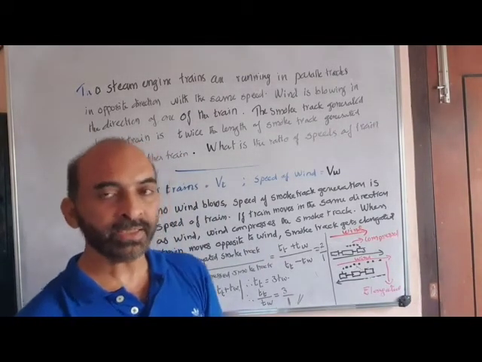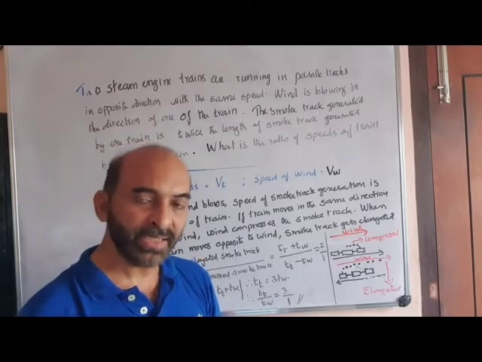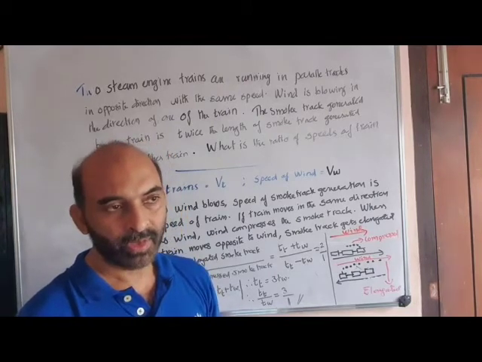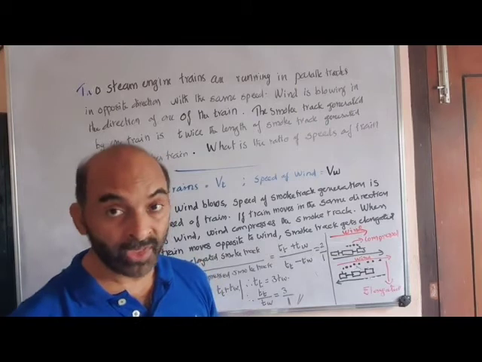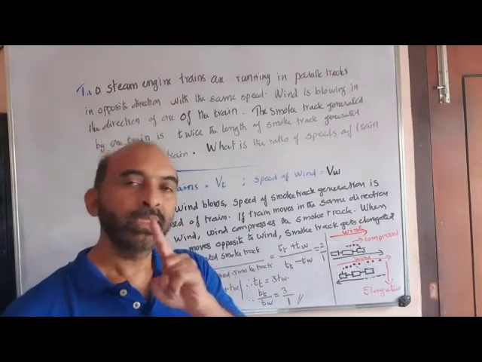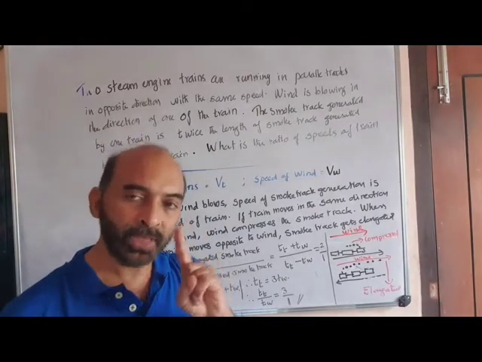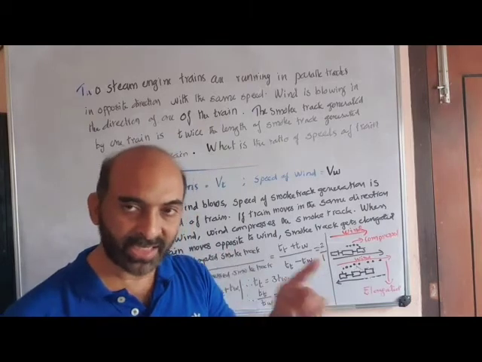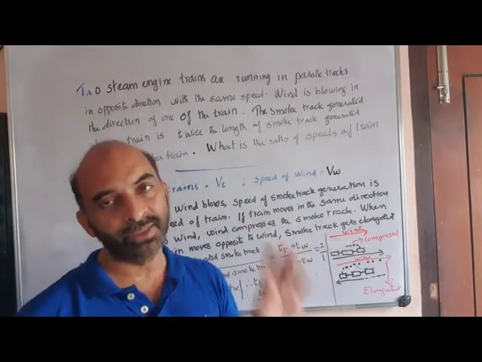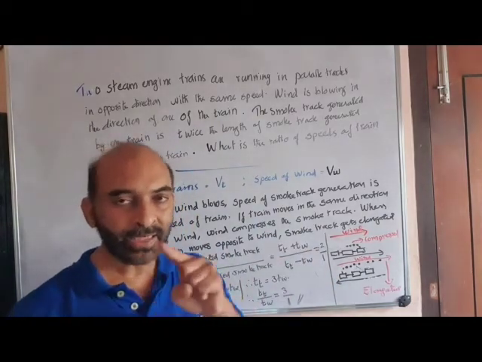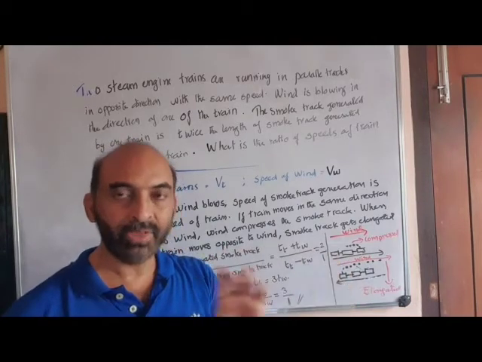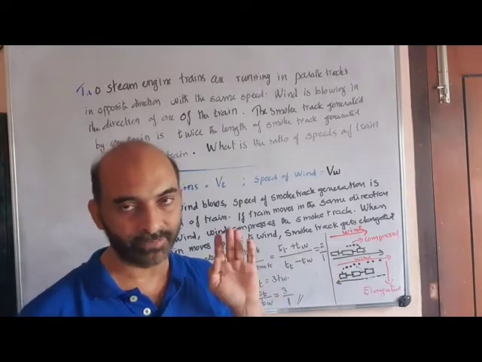In one case it is compressed, in the other case it is elongated. If there were no wind at all, the rate of smoke track generation and the speed of the train will be the same.